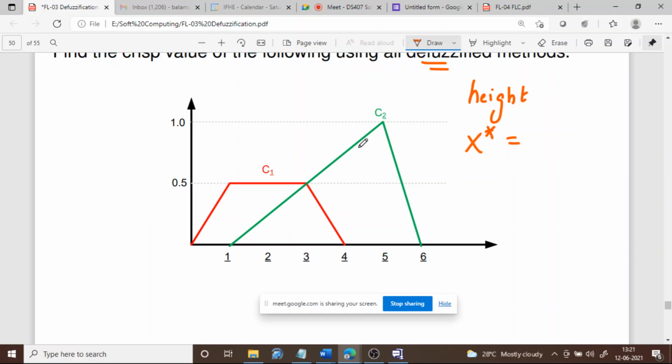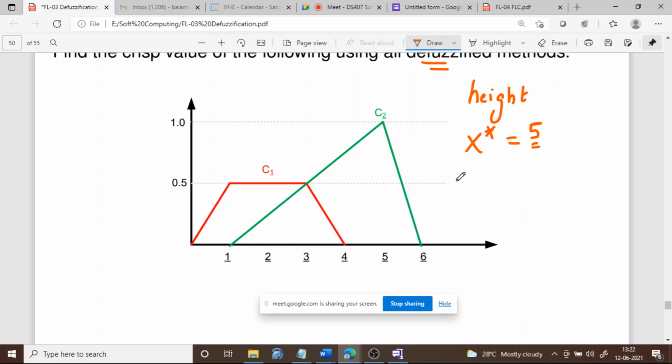Consider only the membership function corresponding to C2. 5 and 1.0. Why 1.0, Gautam? Yeah, 5 is the output. We need only x, not y. For 5 it is giving 1.0, right? So the crisp value is nothing but 5.